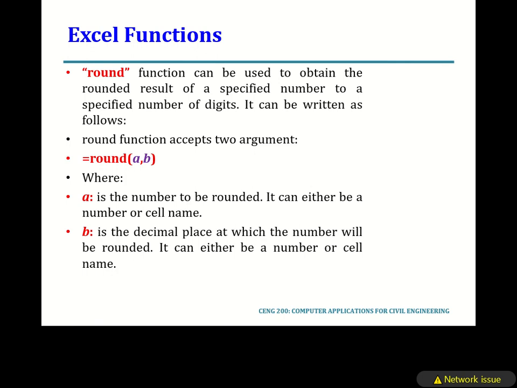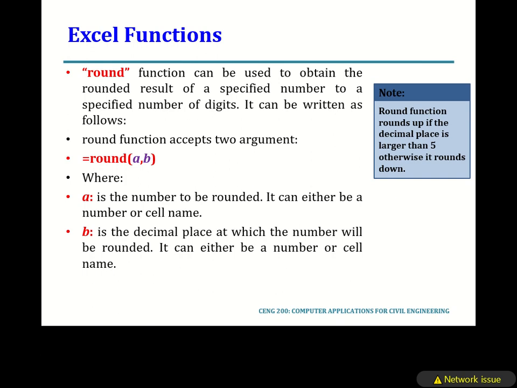Now what Excel is doing inside is this. If the number is less than 5, it will just keep it as it is. If the number is more than 5, it will round off to the next. So, will it round off 2 or not?